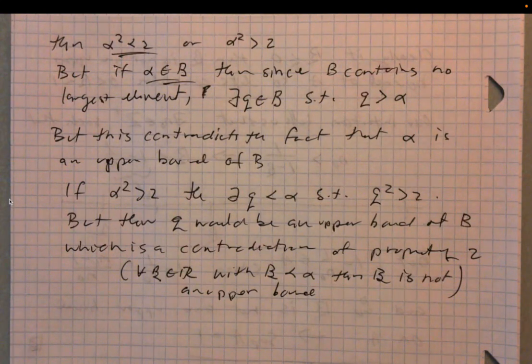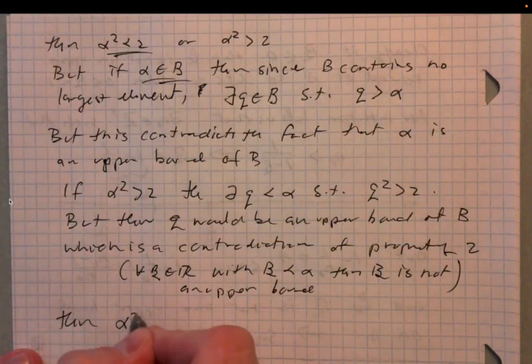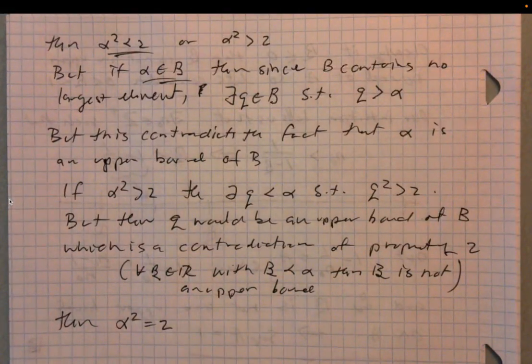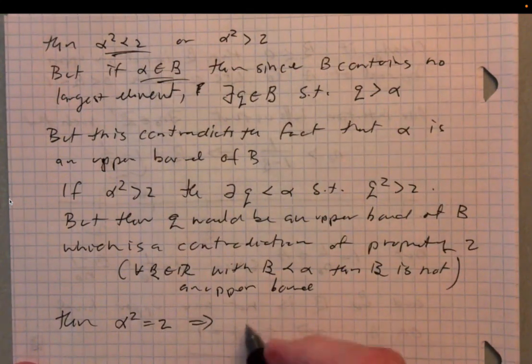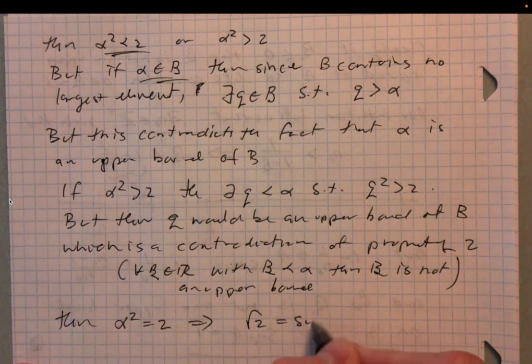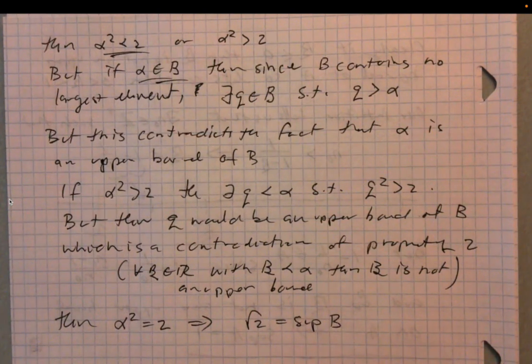And so if alpha squared can't be less than 2 and alpha squared can't be greater than 2, then obviously alpha squared has to equal 2. Okay. And so that implies that the square root of 2 is equal to the supremum of B in this sense.